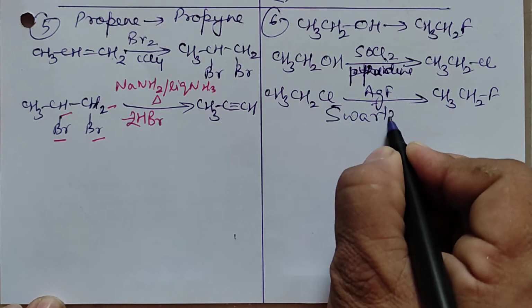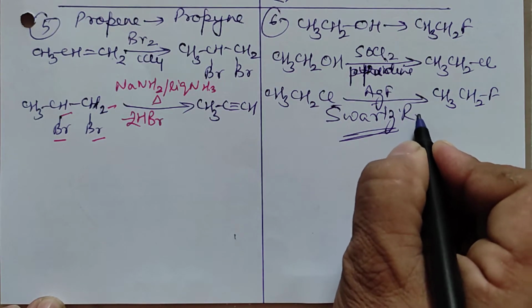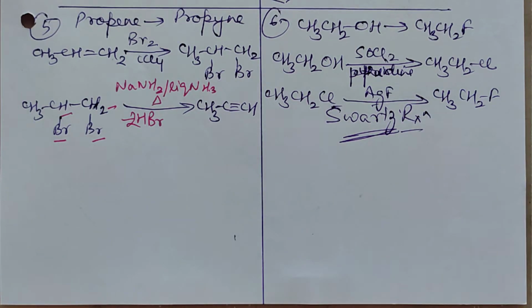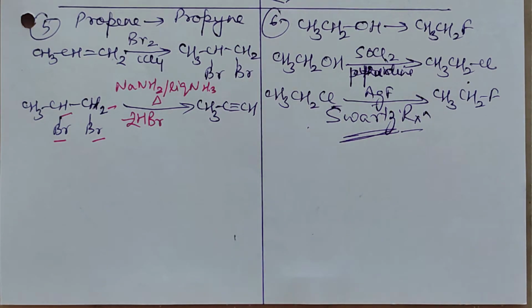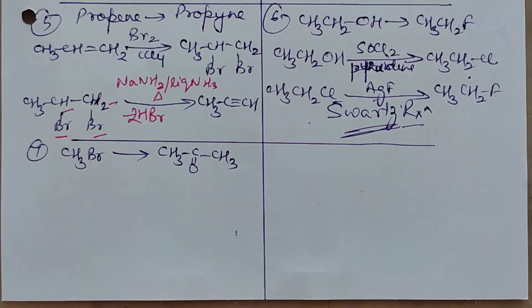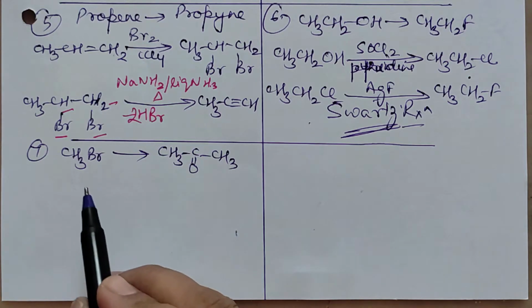So we have carried out Schwarz reaction. With the Schwarz reaction you can prepare fluorides. So it is easy. First you prepare chloride and then chloride can be easily converted into fluoride. Please pause in between and note down the conversions and practice the conversions on your own because that only will give you confidence. Okay. Next one.